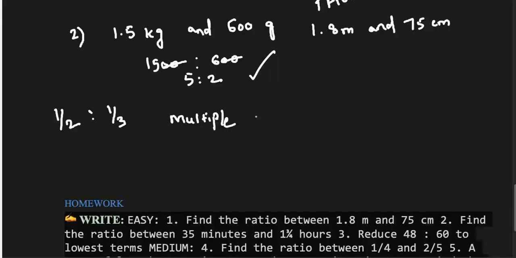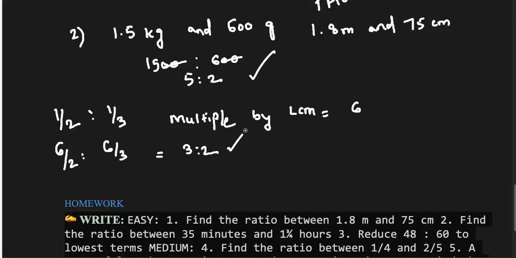So 2 and 3, what is the LCM? Definitely you will get 6. LCM of the denominators, not the numerators. So multiply them. 6 multiplied by 1 by 2, 6 multiplied by 1 by 3. This becomes 3 is to 2. This is the ratio. Understood?